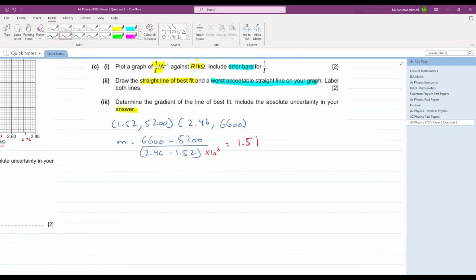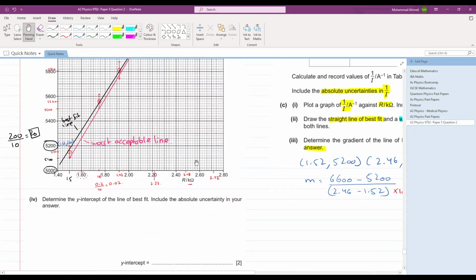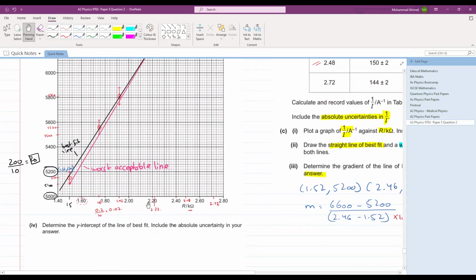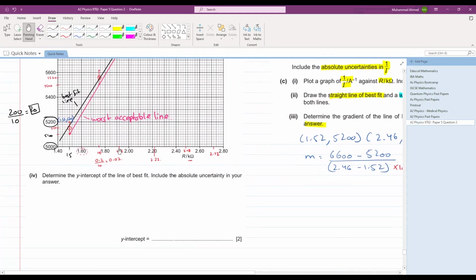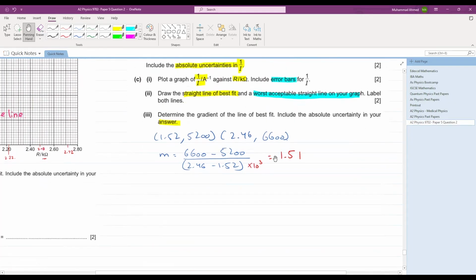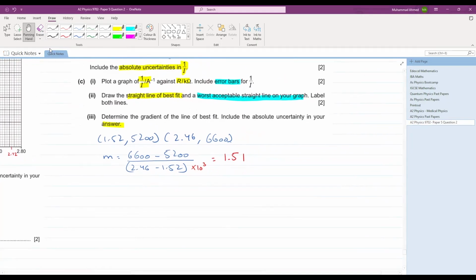Now, sir, how to determine the number of significant figures of the gradient? Same logic. Look at the least number of significant figures in the calculated data. It is 3. So you can write your gradient to either 3 significant figures or 4 significant figures.